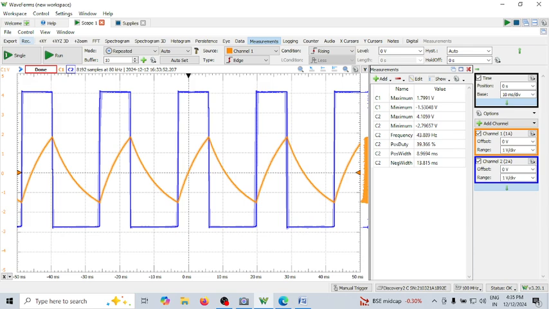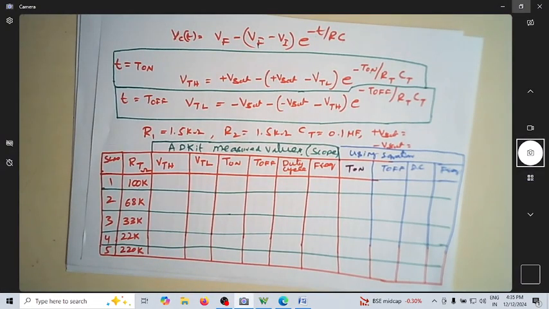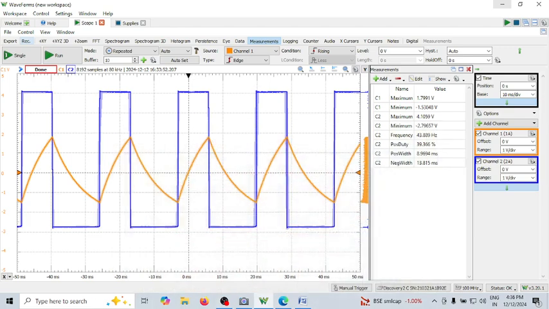The next reading I'm supposed to get is for a value of 68 kilo ohm. Let me adjust it to 68. Fine, now I have a resistance value of 68 kilo ohm.